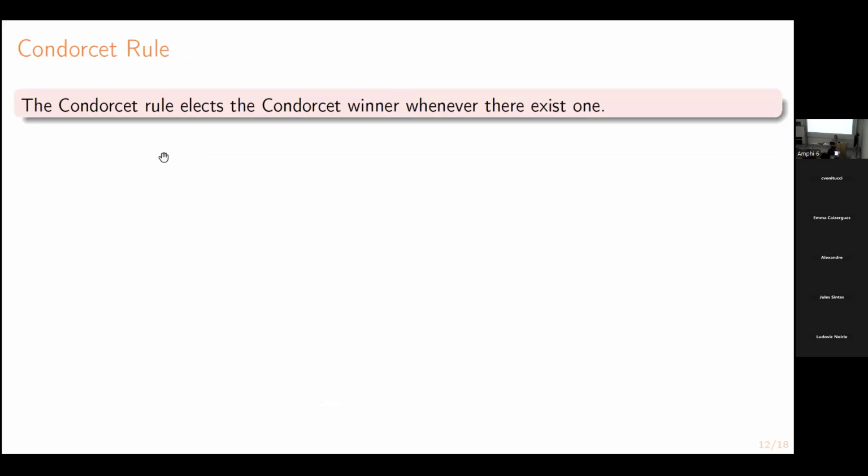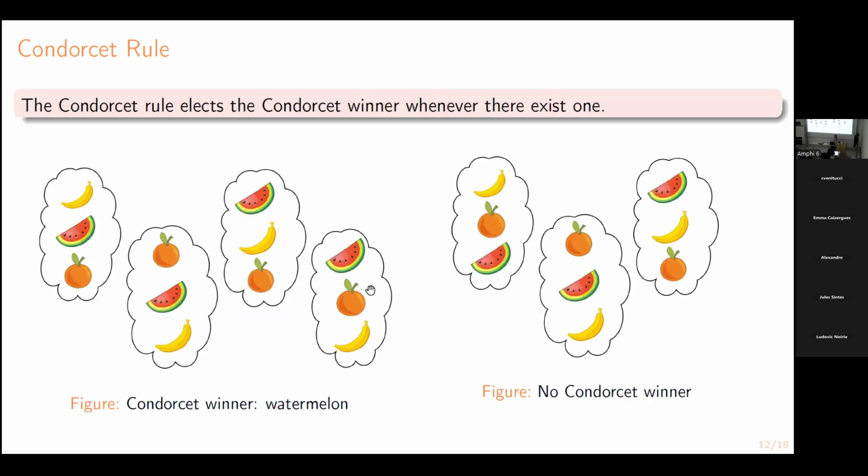So the Condorcet rule elects the Condorcet winner whenever there exists one. I have two examples: one profile that has a Condorcet winner and one that doesn't. The Condorcet winner is just a candidate that wins all their pairwise comparisons. So here, for example, if you look at the watermelon, it wins against the orange here, here, and here.